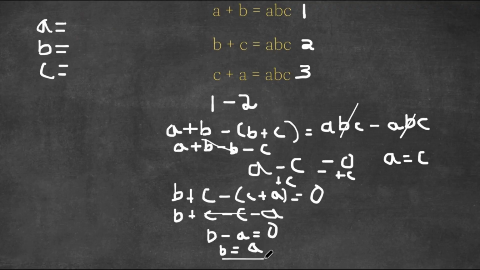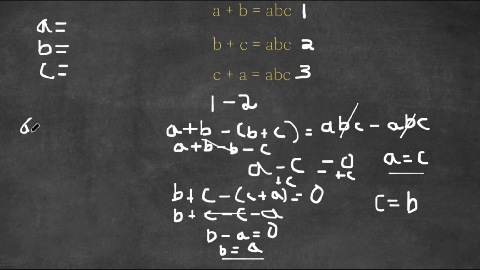So we know that b equals a and a equals c. If b equals a and a equals c, then that means c also equals b, using that same logic.